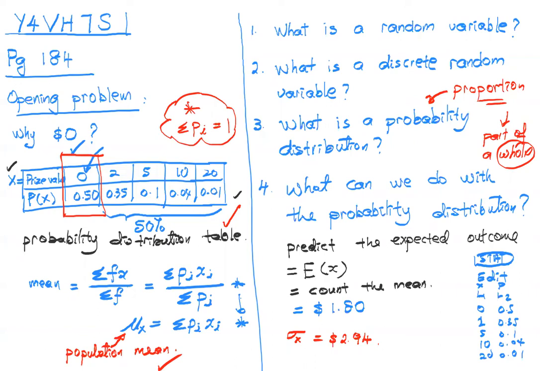So at the bottom line, why do we need to build a probability distribution? So that we not only can count the mean, we can do a lot of things with it. So what can we do with it?